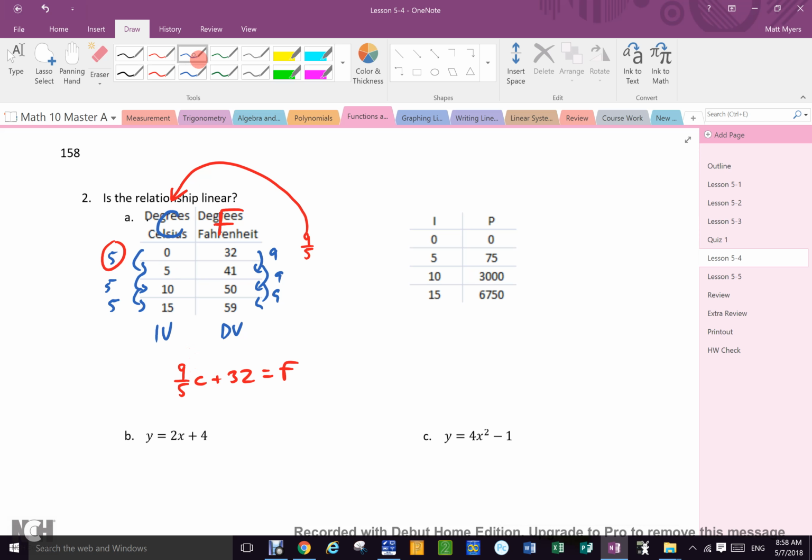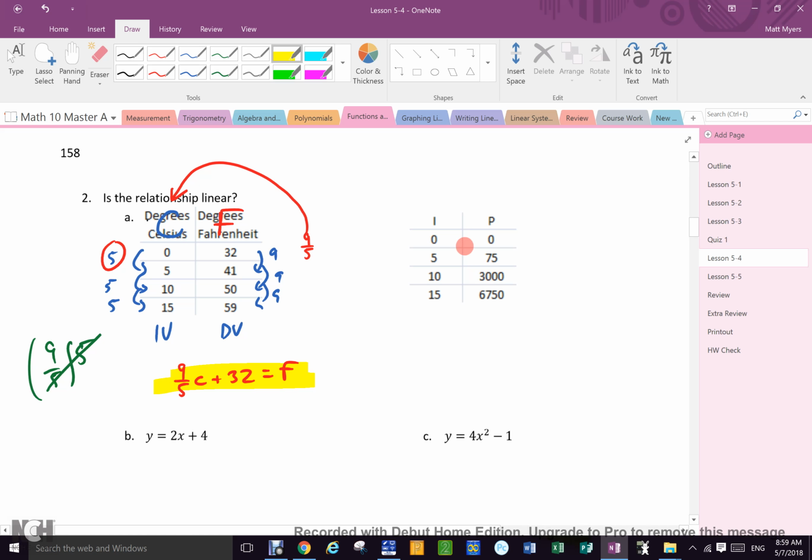What would happen if I put 5 here? What is 9/5 times 5? What happens to the 5s? They cancel. So now I have 9 plus 32. Is that 41? Yes. Do we now have the answer? Yeah. So now we have our equation. Is everybody good?